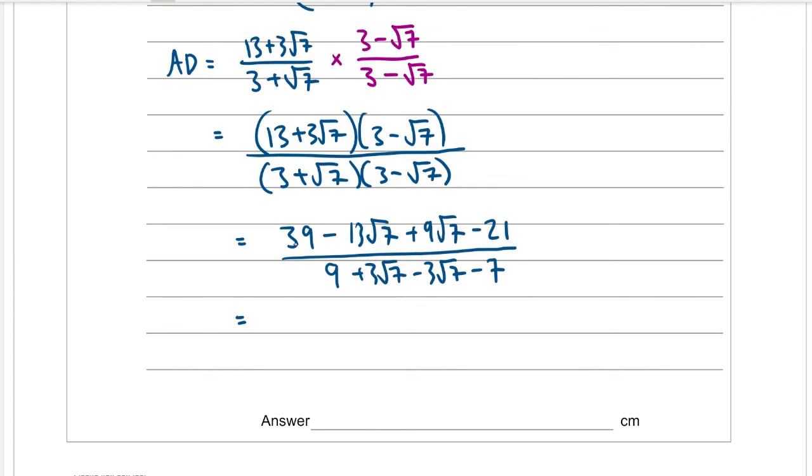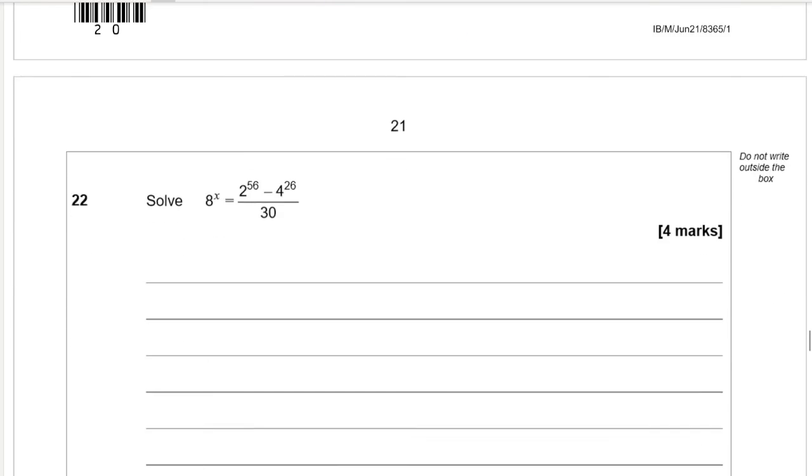Okay, nearly done. 39 minus 21 is 18. How many root 7s do we have on top? Minus 13 plus 9 is minus 4. And that's all over. These two cancel out. 9 minus 7 is 2. Divide both terms by 2 gives me 9 minus 2 root 7. Perfectly fits there on the answer line. Love that.